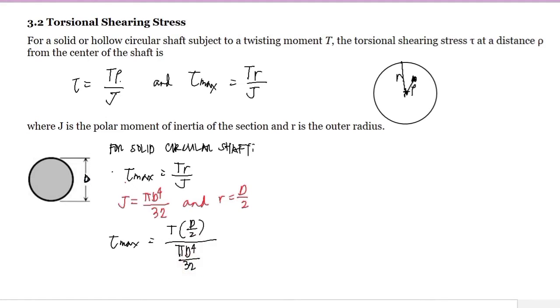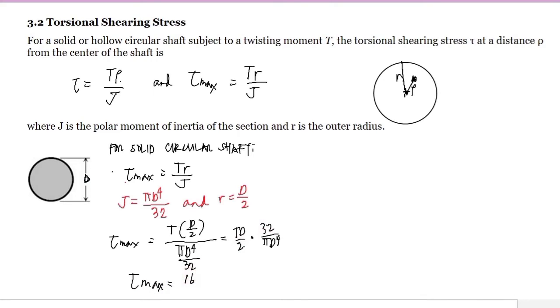Now simplifying this, and we would have Td over 2 multiplied by 32 over pi d to the fourth. So we would have the maximum shearing stress is equal to 32 divided by 2, that is 16.